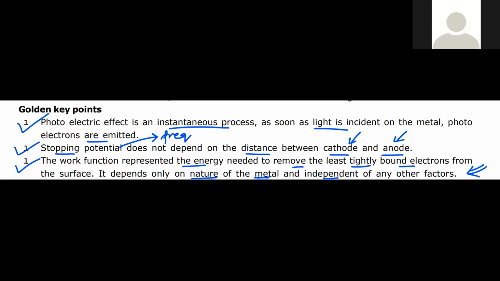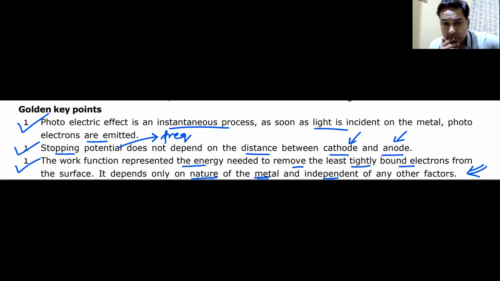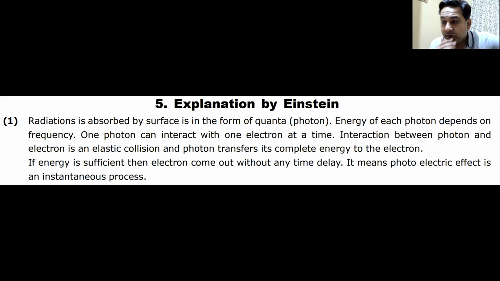And again, it is just an explanation. You can read this explanation. Again, a straightforward question would be coming if it comes. So we have said that photoelectric effect is an instantaneous process.